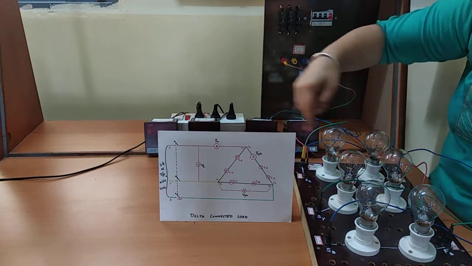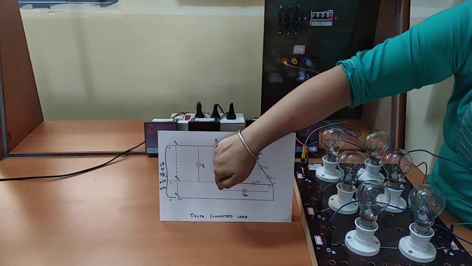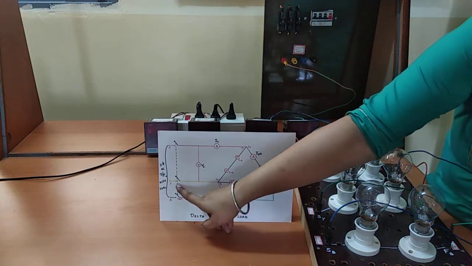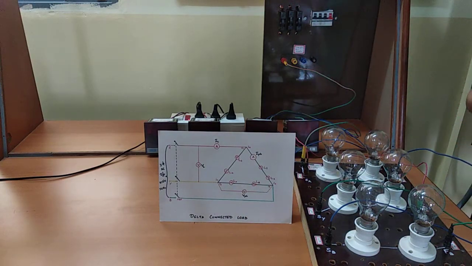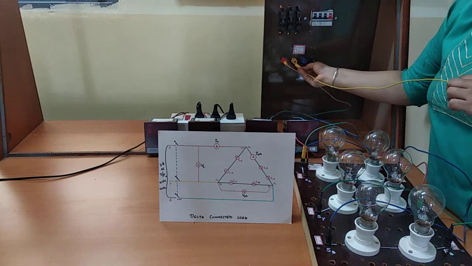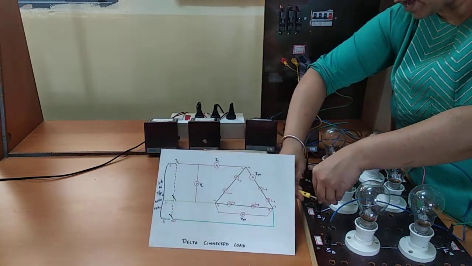We also checked it. Then from Y, we have a terminal that comes to the SY and FB point. So I take another wire from Y to the point where SY and FB meet.